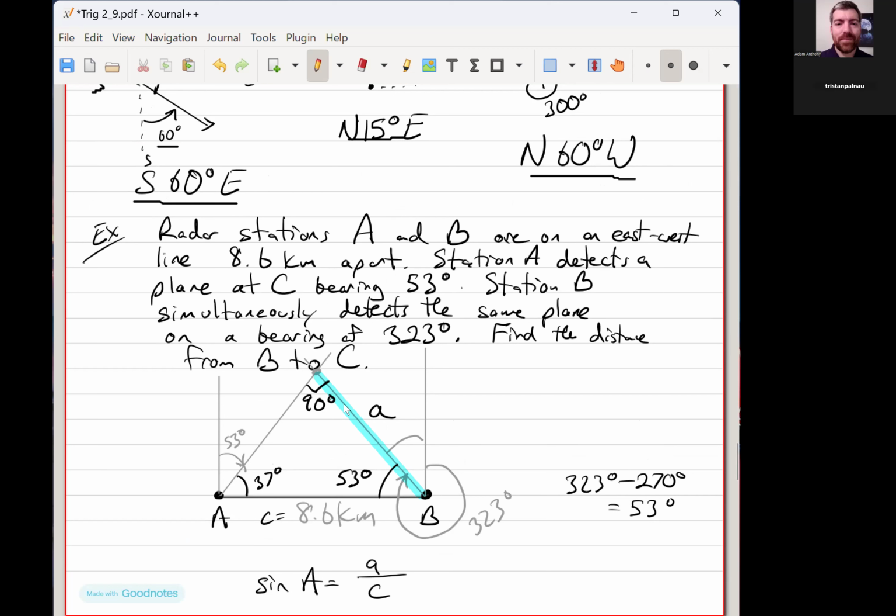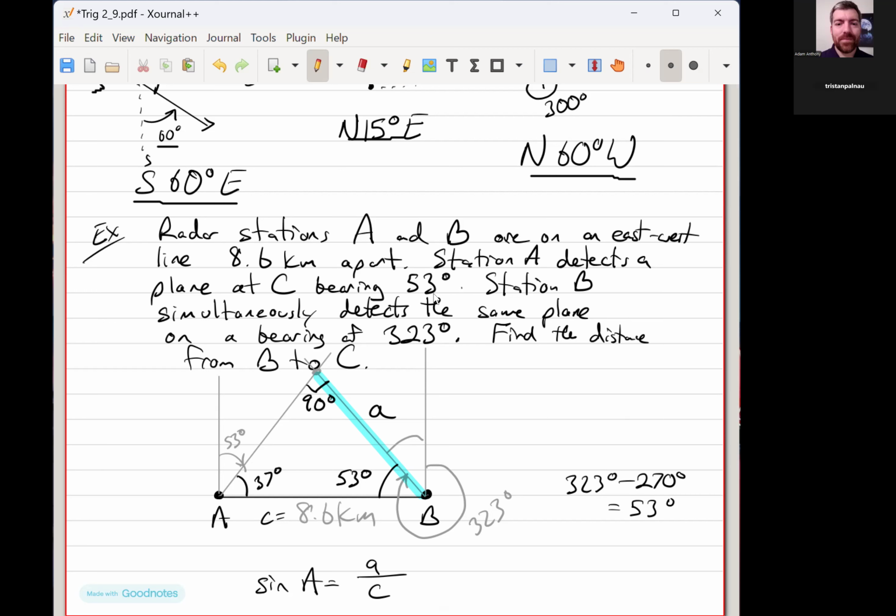Find the distance from B to C. So you can imagine this: you've got some region, and two radar stations. We happen to know that they lie on an east-west line, and we know how far apart they are, 8.6 kilometers.